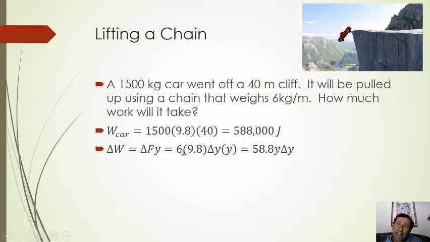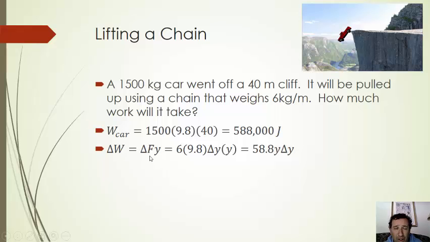So we're going to look at one chain link at a time, a little delta chain, a tiny bit of chain. The work, or delta W, will be the little bit of force to lift that tiny bit of chain, times the distance you have to lift the chain up to. Let's call that y.